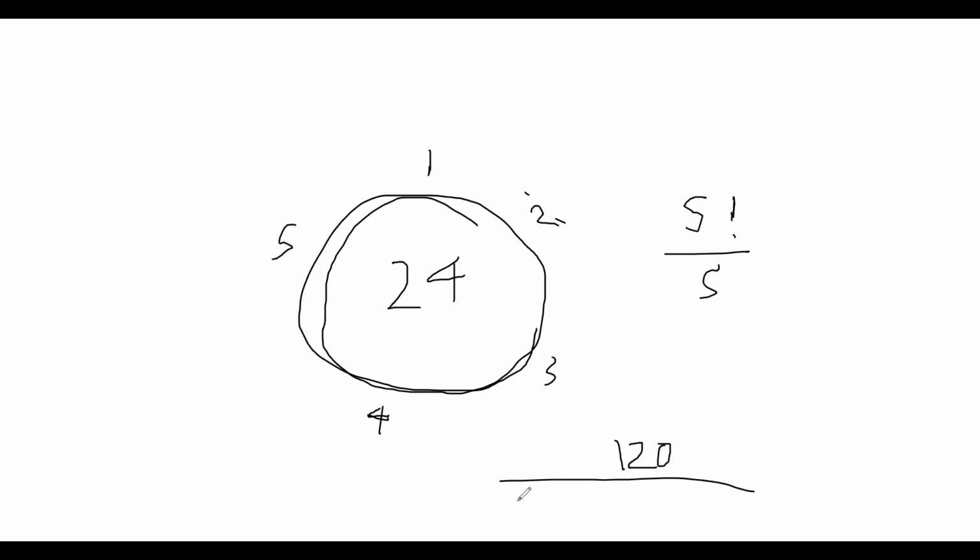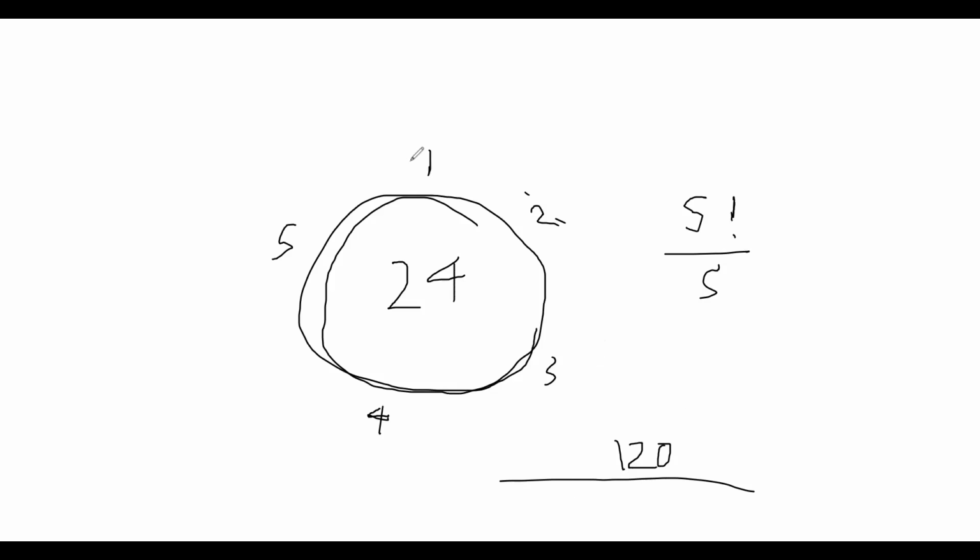But since you loop around, there's no definite first, second, third, fourth, fifth position. So essentially, you have to divide this 120 by 5 because it doesn't actually matter in the end which person is sitting in the front or whatever.